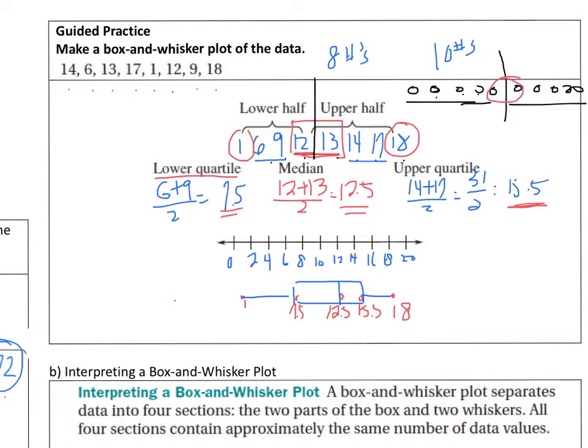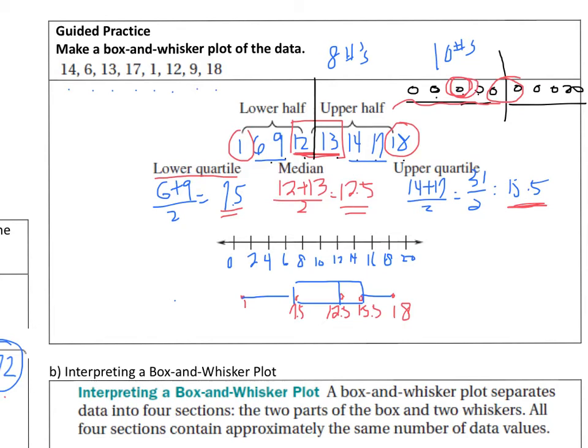And then if you look at the lower half, there's 5 numbers. So the lower quartile would just be this number.